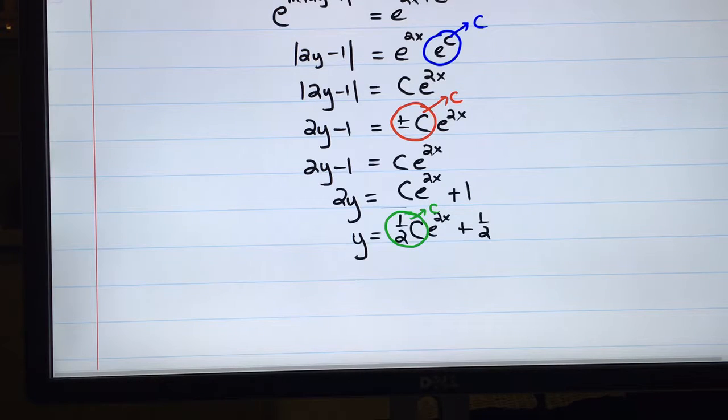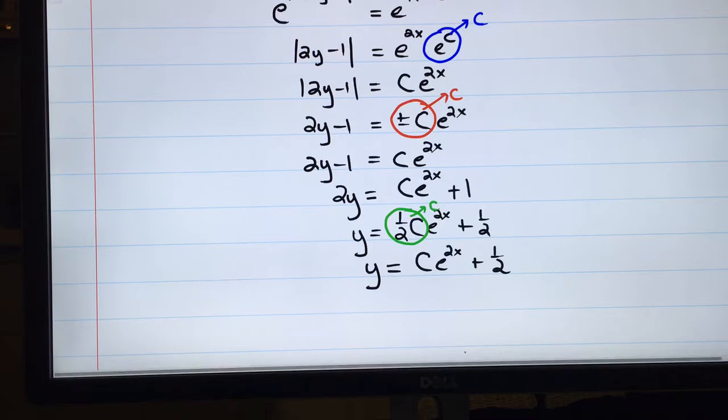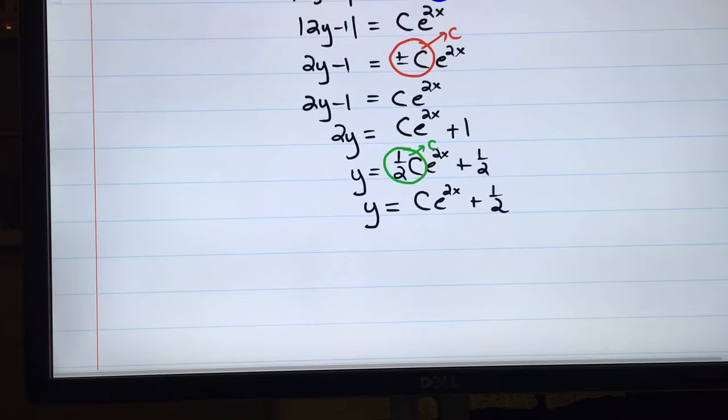So you can write the general solution as y is equal to c times e to the 2x plus 1/2. All right, so in looking at the specific solution, that is going to satisfy what we have for y(1) is equal to 1.